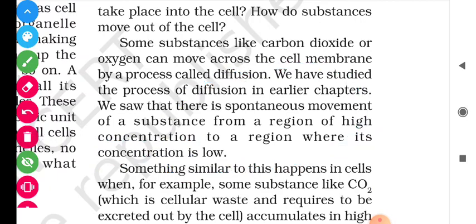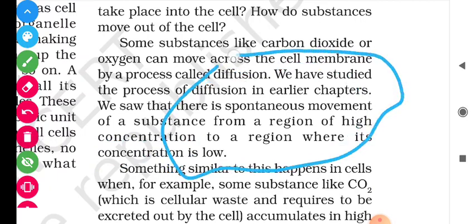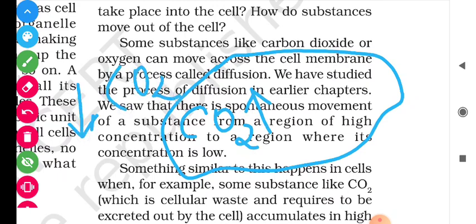This is a one cell structure. If I tell you this is a one cell structure which contains more carbon dioxide, and there is a high amount of carbon dioxide within the cell and a lower amount of carbon dioxide outside the cell, could you tell me in which direction the carbon dioxide will move? Simple.